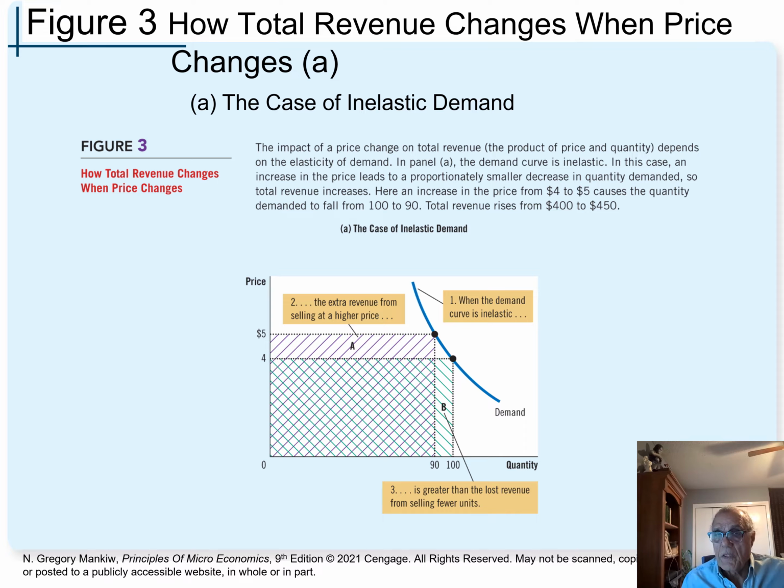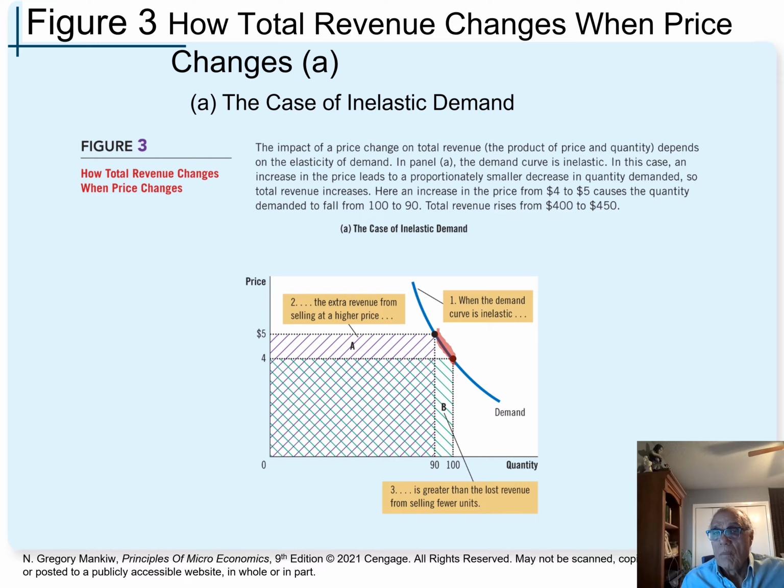Well, in this case here, the demand curve between these 2 points is more steep, which is inelastic. If the price goes up to 5, quantity will shrink to 90.